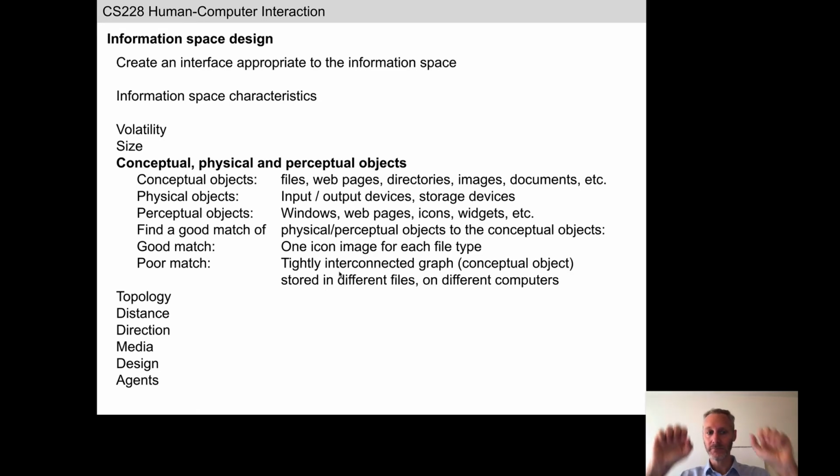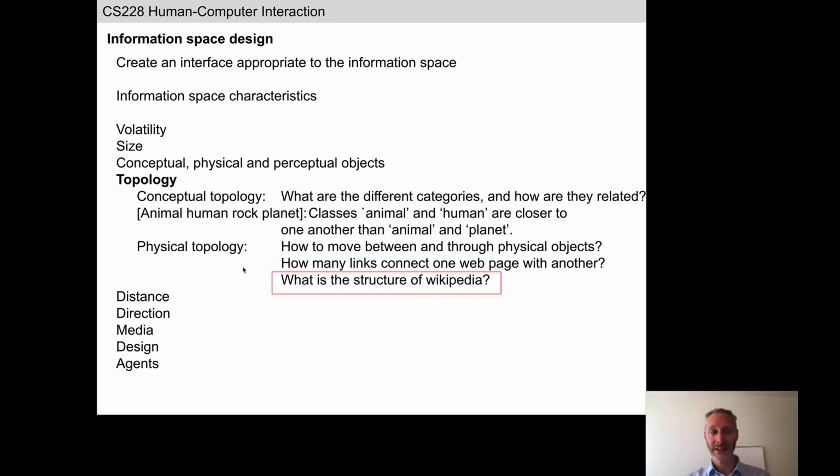Yeah? Okay. So speaking of links and edges, when we start to think about an ontology, we then start to think about the topology of that ontology, or the topology of that space. For our purposes, topology is just going to mean what is connected to what. Okay, so let's take an ontology that's populated with animal, human, rock, and planet.